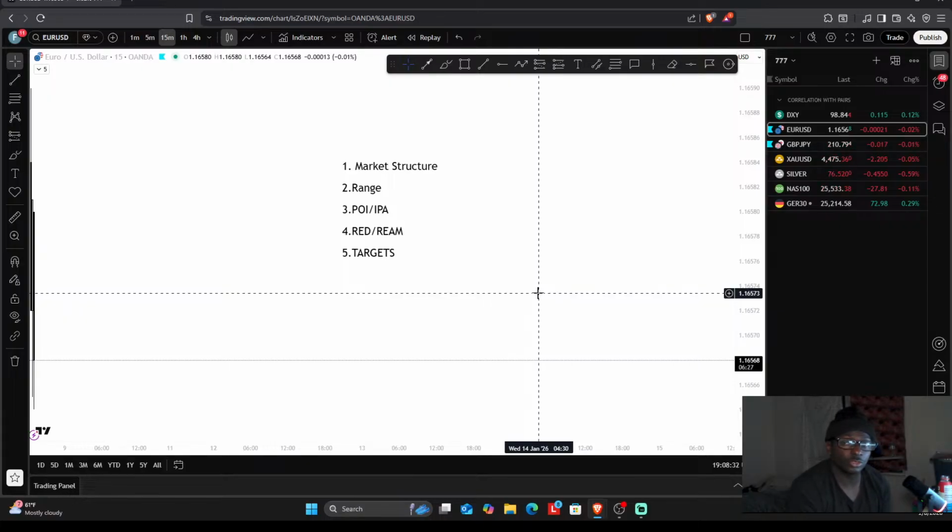And one of the things that I struggled with was market structure. Market structure was always a big factor in me identifying certain things.